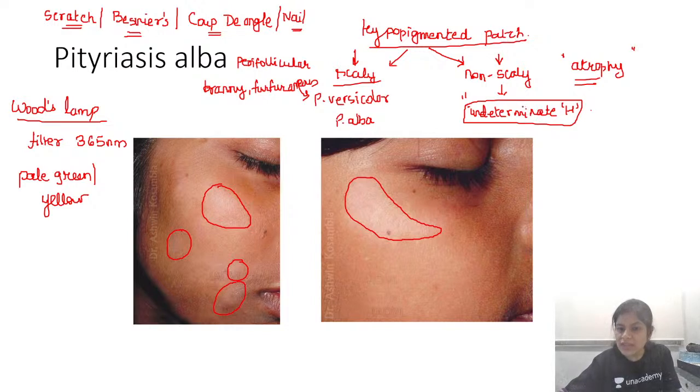The only way to completely diagnose a case of indeterminate Hansen's disease is to do a biopsy. A biopsy may not show you the typical acid-fast bacilli, but it will definitely show you the presence of peri-appendageal and perineural lymphocytic infiltrate. So you have to do a clinico-pathological correlation and come to the conclusion of indeterminate Hansen's disease.